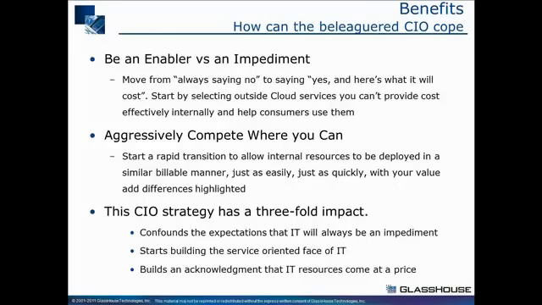Now, you can't do that unless you know what it is going to cost. And so, perhaps start by selecting an outside cloud services provider and help your consumers use them instead of standing in front of them saying, no, you can't.